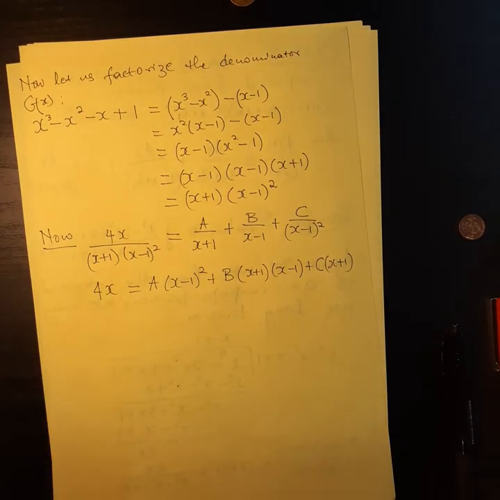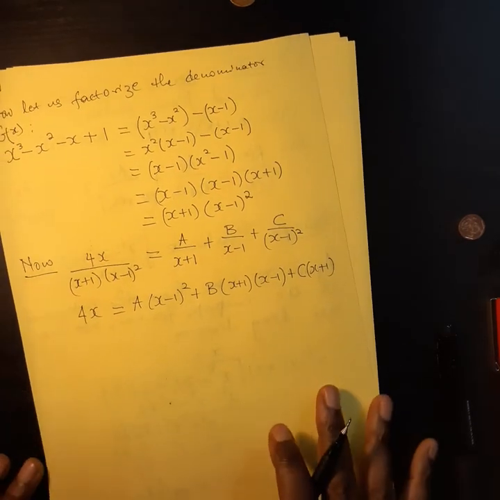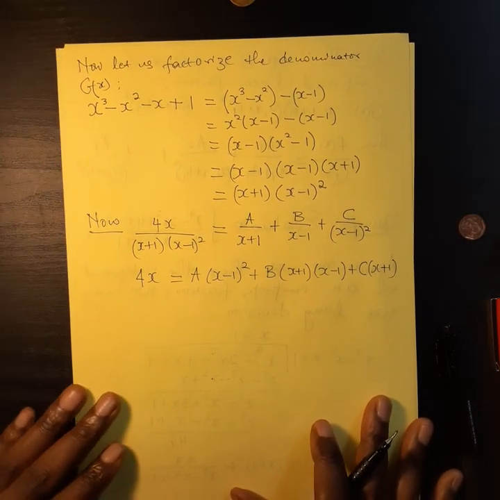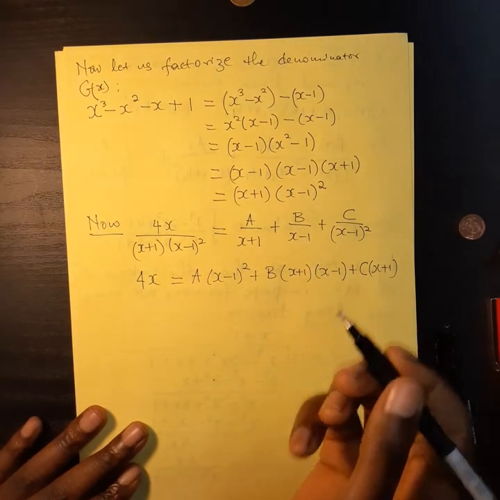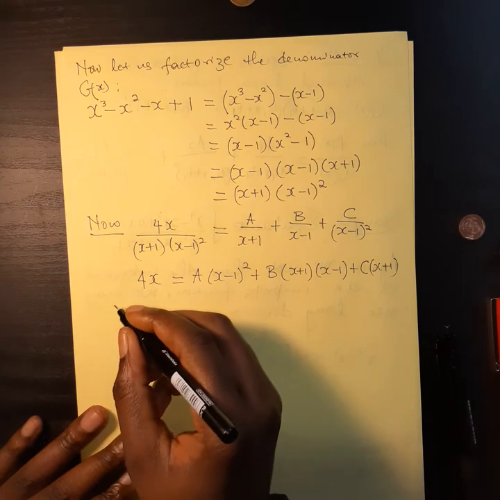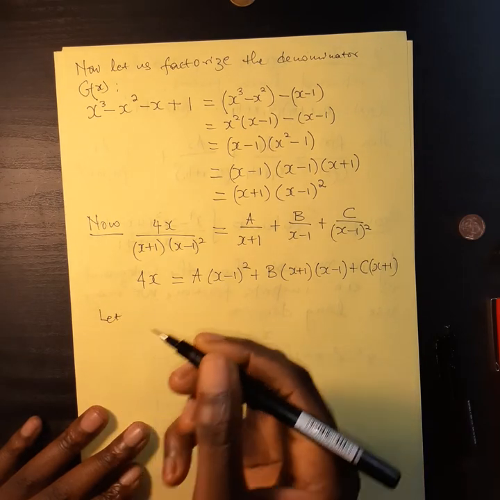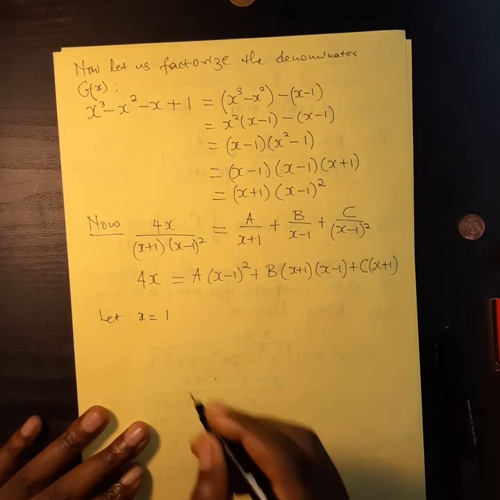All right. Now when we get there, we must find our a, b, and c. How do we find a, b, and c? We may use elimination first. Using elimination, we can let x be equal to, say, 1.